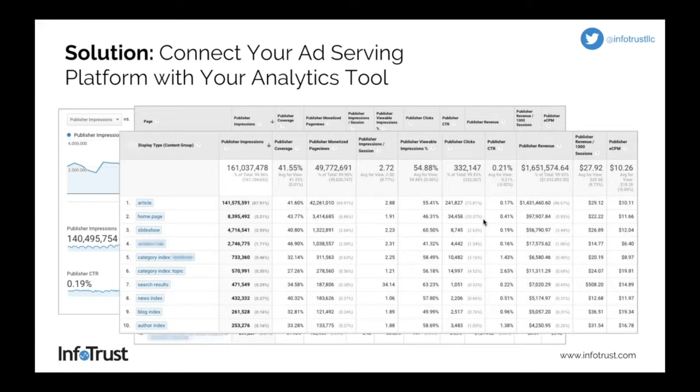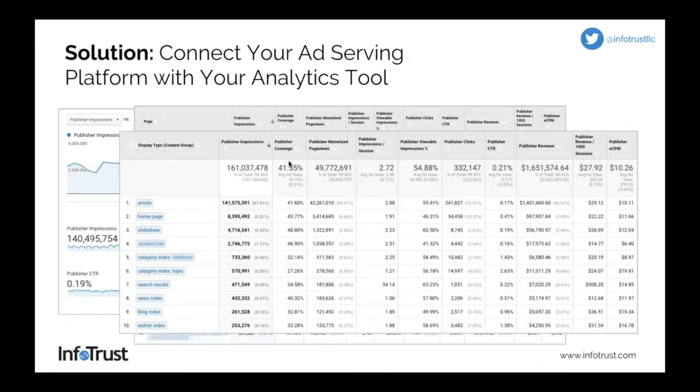For this publisher, as probably makes the most sense, their articles are generating the majority, almost 87% of their publisher revenue versus all of these other display types. So at a very high level, we can see what types of content are producing the most.